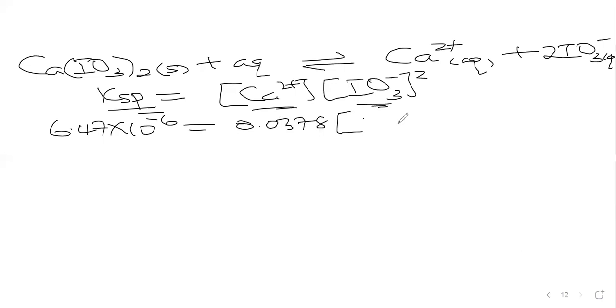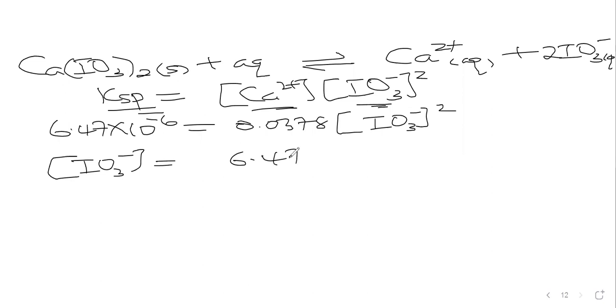Leave this unknown, such that your concentration of iodate ions is equal to 6.47 exponent negative 6 divided by 0.0378.